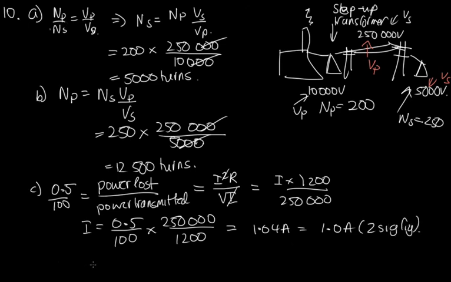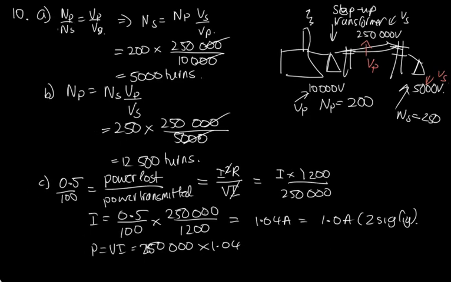And then we're asked how much power do they carry? Well, that's the power transmitted, this VI, so P is equal to VI, so that's equal to 250,000 times the 1.04. And solving that on the calculator, we get 260,000 watts. So that's how we solve that problem, and that's the end of this tutorial set.